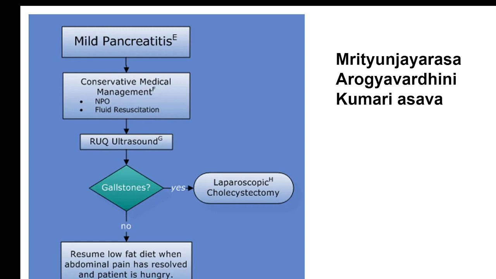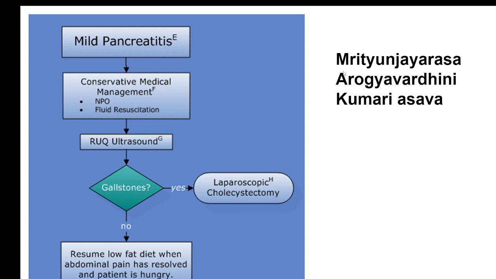The earlier practice was to keep the patient nil orally, but now the suggestion is that the patient be encouraged to have oral food as early as possible. If the patient is not able to take food orally, enteric feeding is suggested: put in a tube and feed through it. Repeat the ultrasound, and if there is no evidence of gallstones, then the patient can be managed with only fluid resuscitation and symptomatic treatment for the pain.